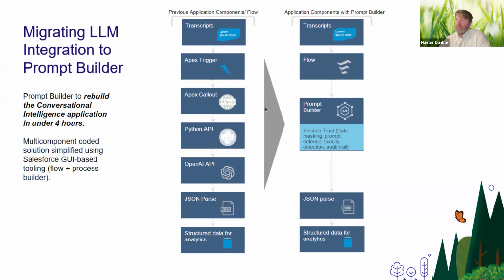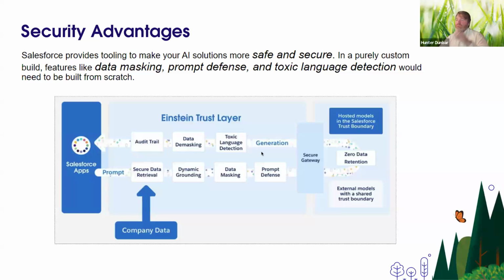We were able to cut out this middle portion using Prompt Builder. What Prompt Builder allows you to do is create prompts and inject Salesforce data into your prompts dynamically and automatically.